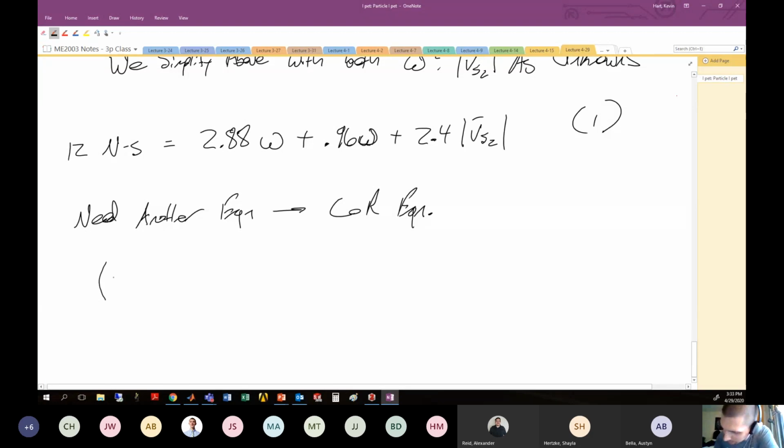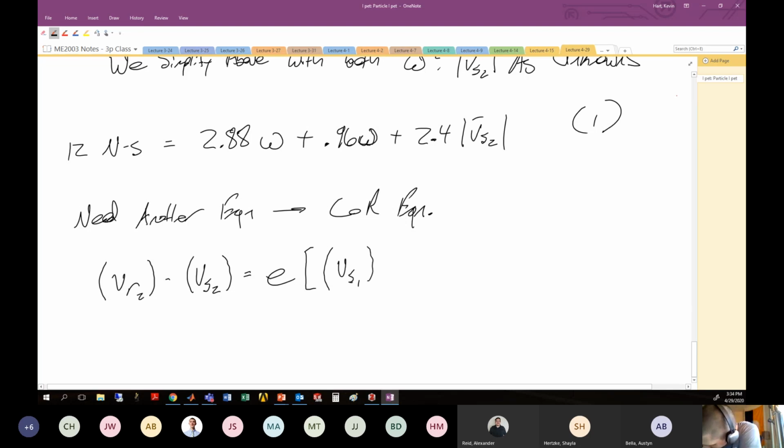That general equation is that the velocity of, in this case, I'll denote the rod and the sphere so we can be very clear about this: the velocity of the rod, state number 2, minus the velocity of the sphere in state number 2 equals the coefficient of restitution, e, multiplied by the velocity of the sphere, state number 1, minus the velocity of the rod, state number 1.